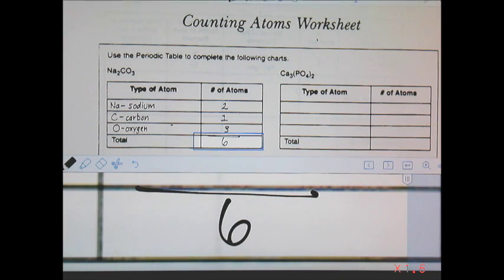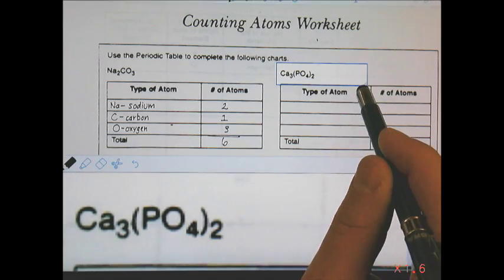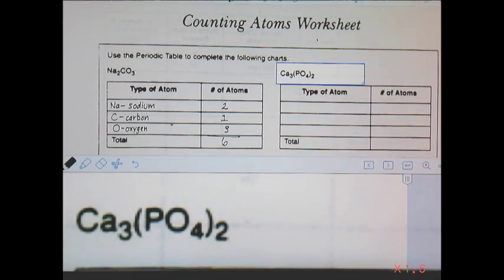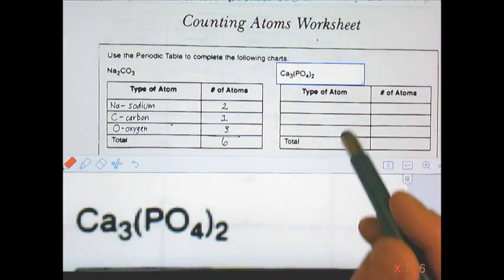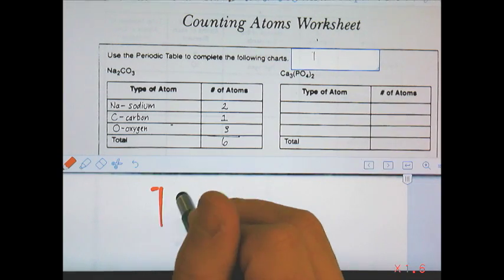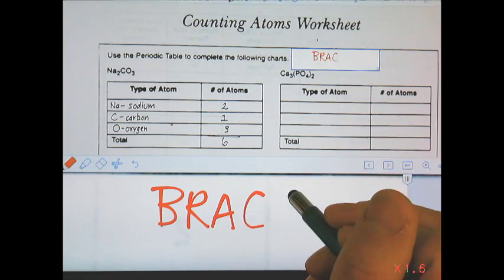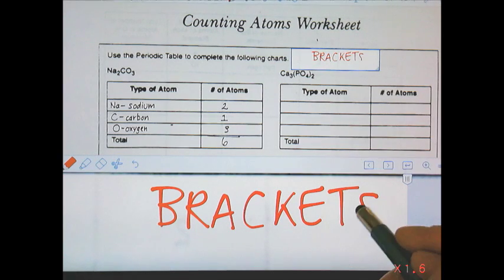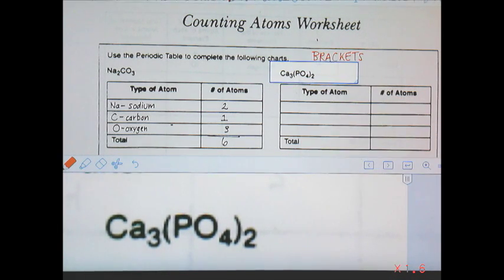In the second example, calcium phosphate, we see that there are brackets surrounding a group of elements. In this case, the symbols P and O standing for phosphorus and oxygen. When we see brackets, we have to apply a special set of rules.